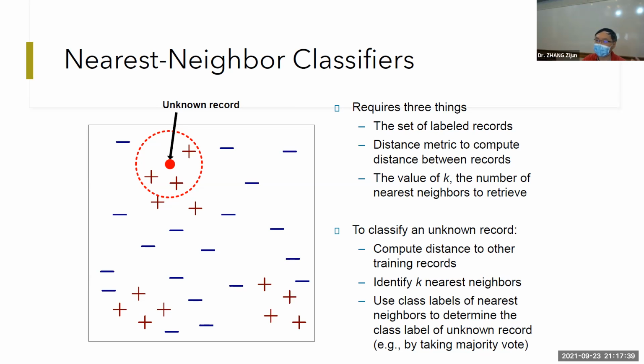Then you need to find the k nearest neighbors in this million records. That means you need to sort the million records and find the top 3 or top 5. Each of these steps could be very time consuming.